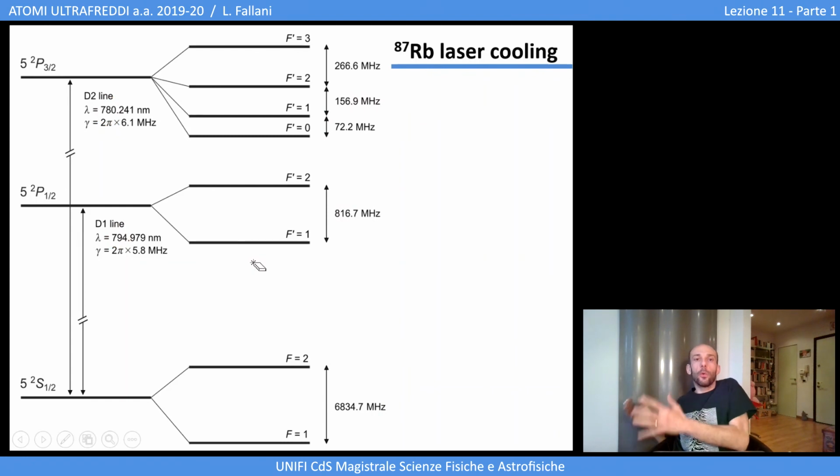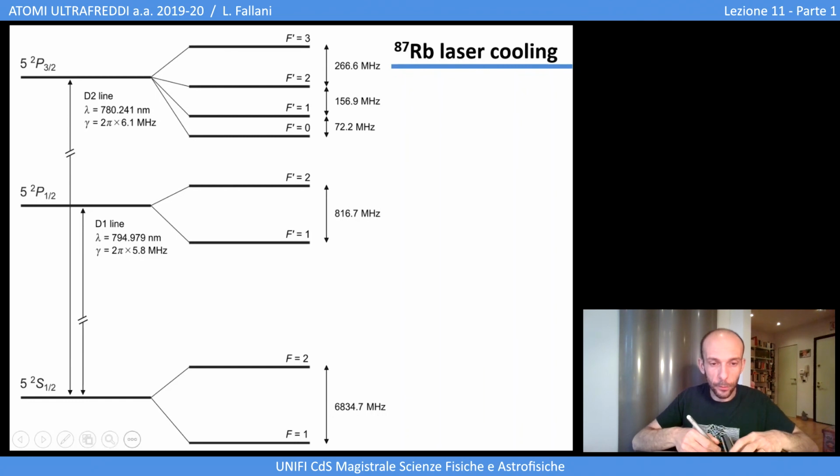So it's not a two-level system. And you can excite many different hyperfine components of the two fine structure lines. So let me draw all the possible transitions you can excite. First, you have two different possible starting points. You have F equal 1 and you have F equal 2.